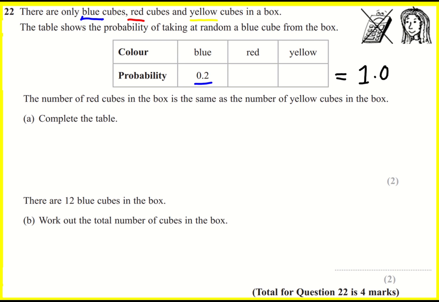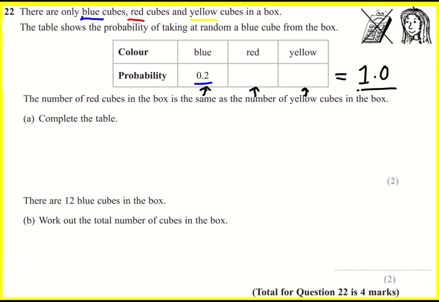There's not a 110% chance of something happening. The most it can be is 100%, in other words, certain. And obviously the lowest the probability can be is 0, because you can't get any lower than impossible. So basically all these numbers need to add up to one whole.